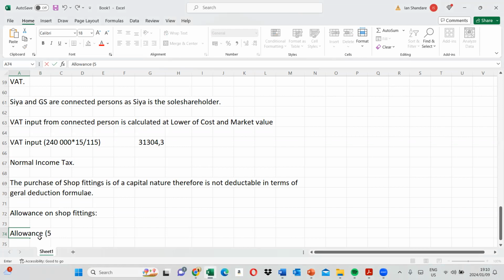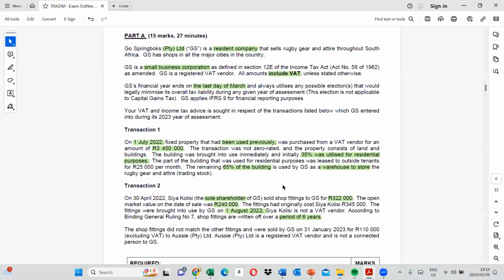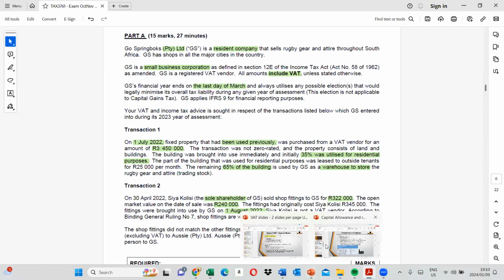It's not important to write down the section. The examiners know that you don't use the legislation, so you might not really know the section. What's important is for you to just take 50%. 50% of what? 50% of 240. Let's just quickly look at it.